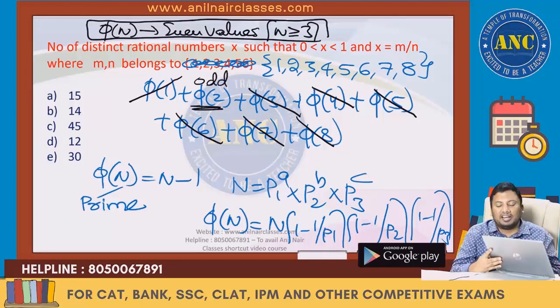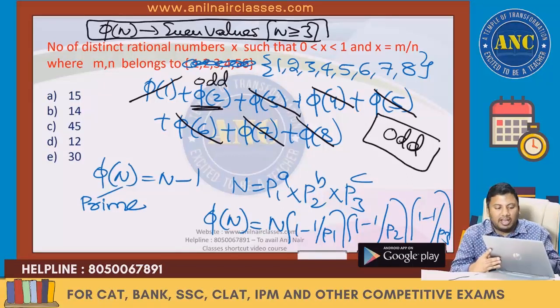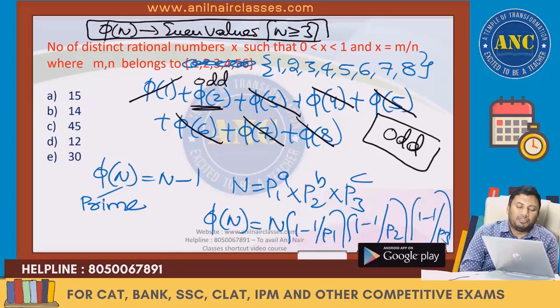Even plus odd, so the answer should always be an odd number. Keep an eye on the answer options. From 3 onwards, all totient values are even. Even plus odd is odd, so the answer should be an odd number.